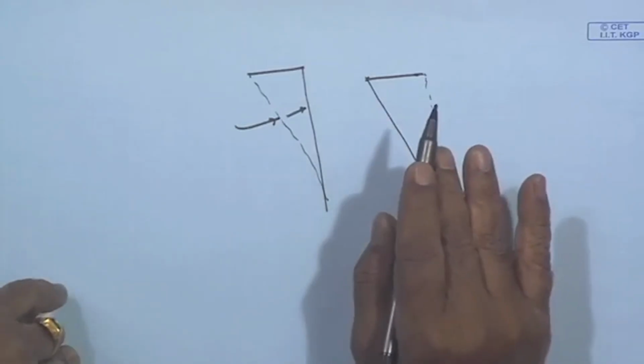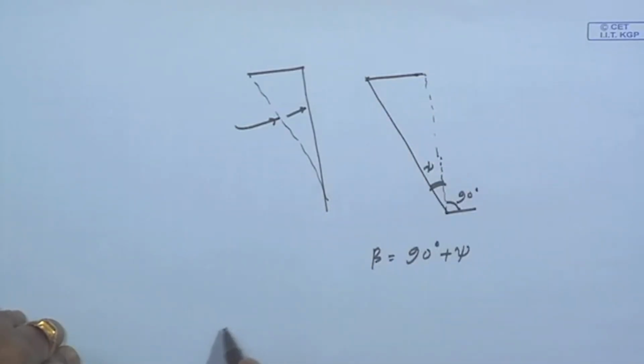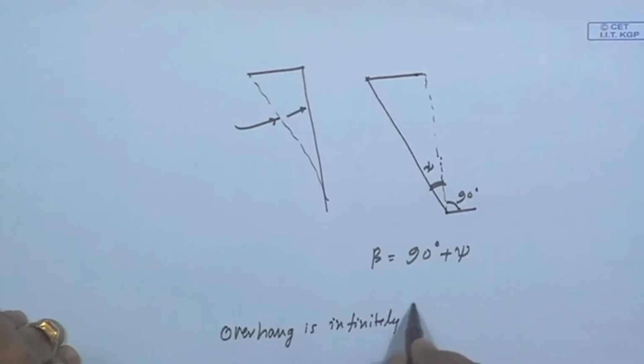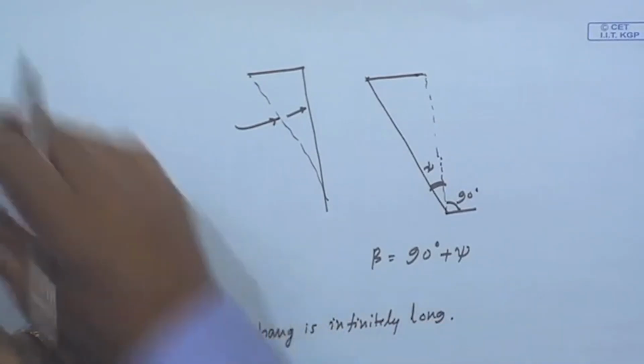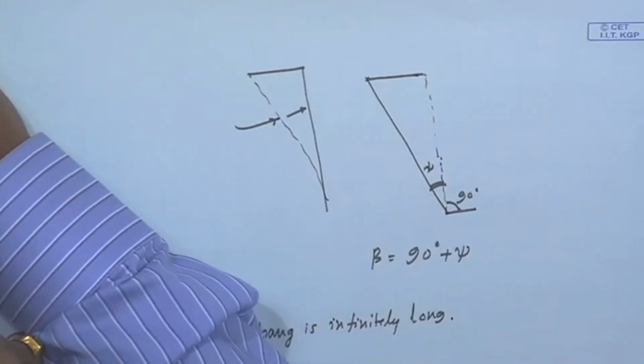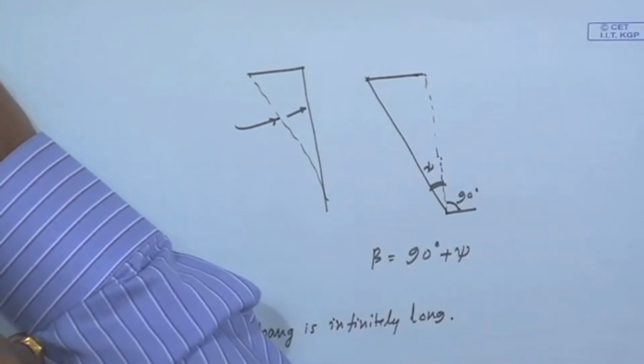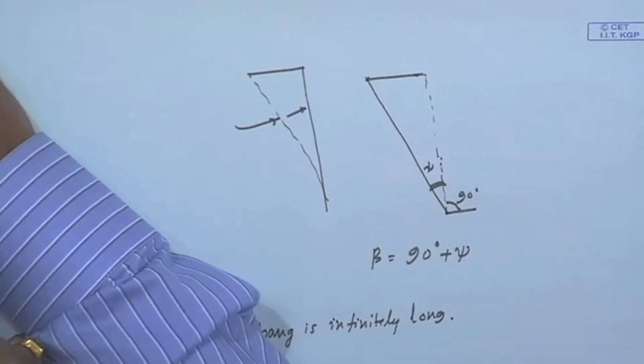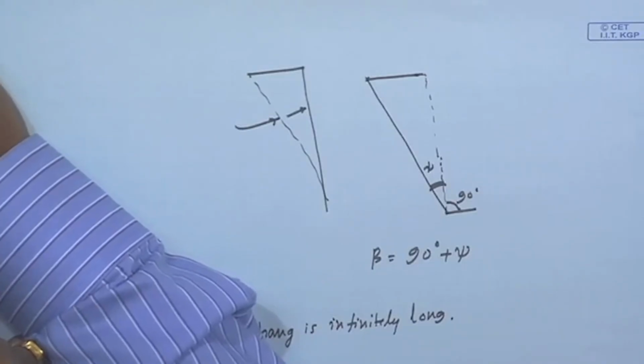But this is under the assumption that the overhang is infinitely long. Essentially you can rewrite your A star, B star and C star in terms of beta star, where beta star is beta plus psi.